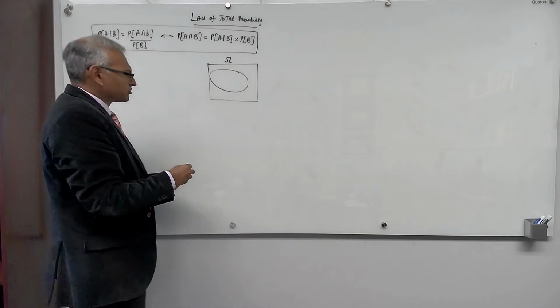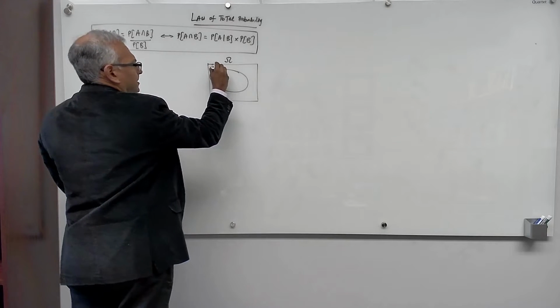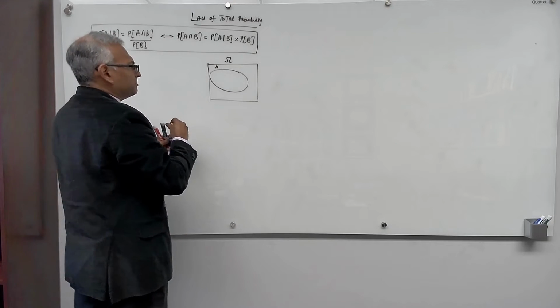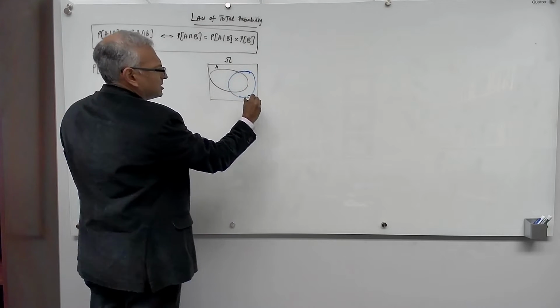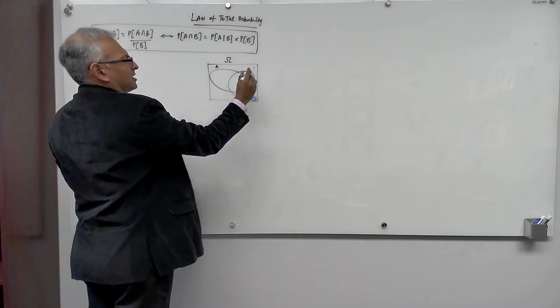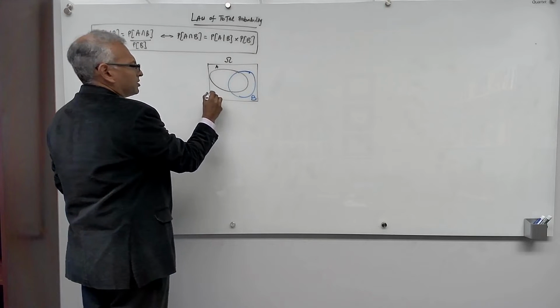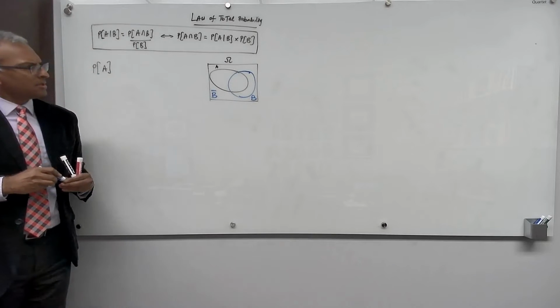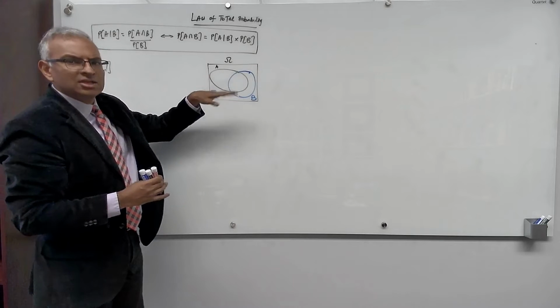So let's call this event A, and let's consider another event B. If this is the event B, then outside of this event B is the event B bar, the complement of B. And observe that the event B breaks up A into two regions.